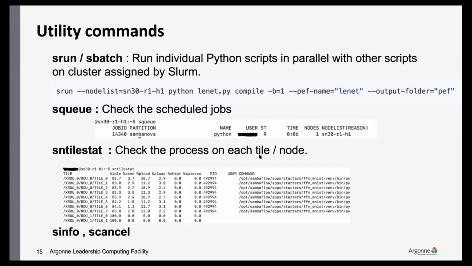Last but not the least, we also use sinfo to get some information about the system, and scancel to terminate any of your Slurm jobs. Essentially, these are the commands that a user will be using on a day-to-day basis when trying to get an application up and running.